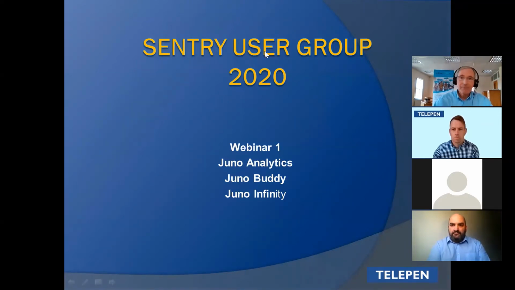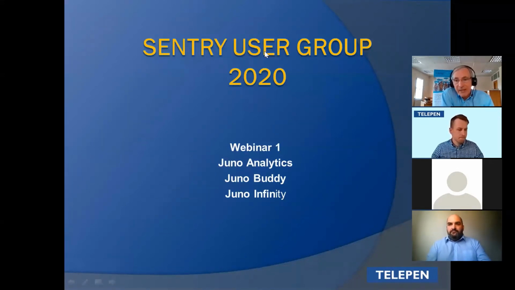In the meantime, we have chosen some core topics that we had hoped to bring you from the user group, to present to you in 2 webinars. The second one will cover Juno Study Time, which is our desk booking and space booking solution, and Juno Vantage, which is our building occupancy monitoring solution.